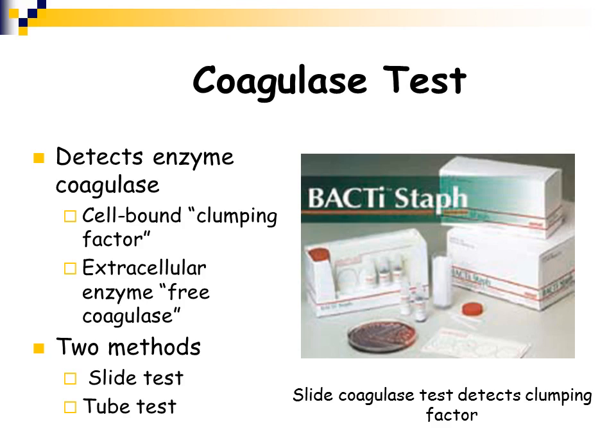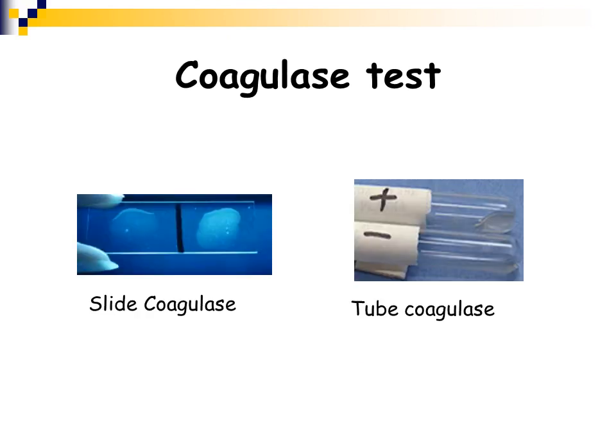One is the slide coagulase test, and the other is the tube coagulase test. More commonly, the slide test is used because these are available in kits. They're very quick. You finish them in a couple of minutes. The slide test is looking for clumping factor or bound coagulase.